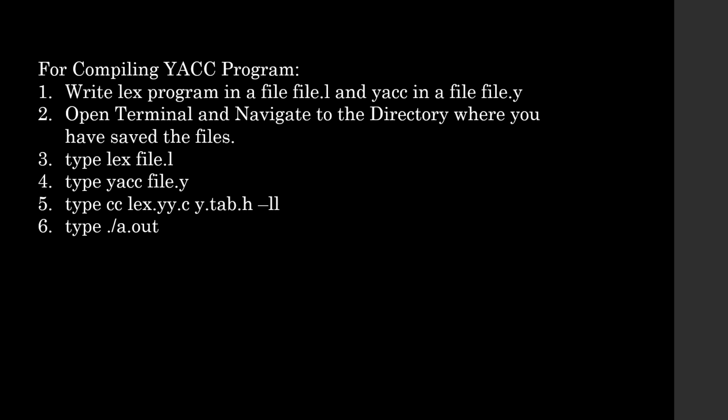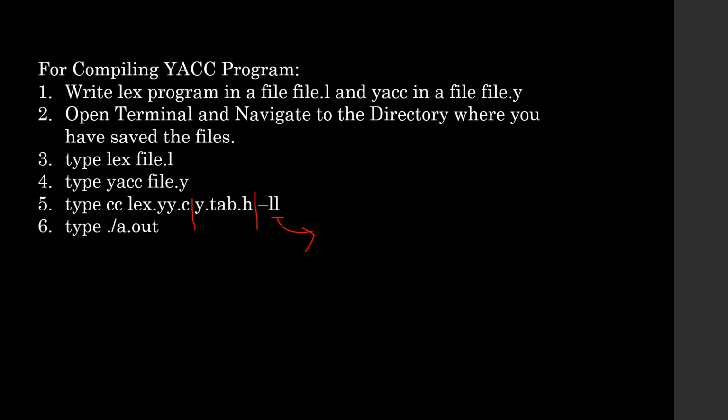Then the fifth command is cc lex.yy.c. Here it's important to keep in mind that there's a space here, and then y.tab.h, then a space, then -ll. The -ll links the lex and the Yacc libraries. We link these two particular files, hence the two l's are written.